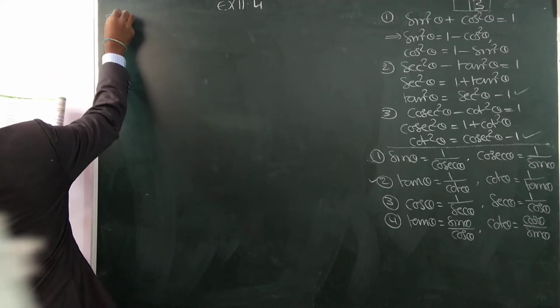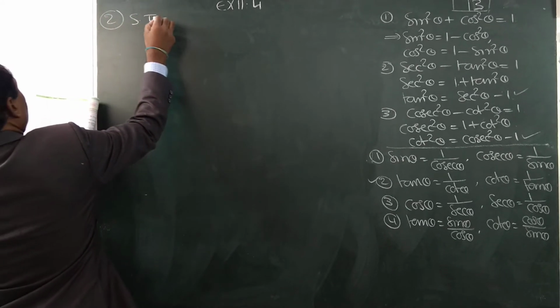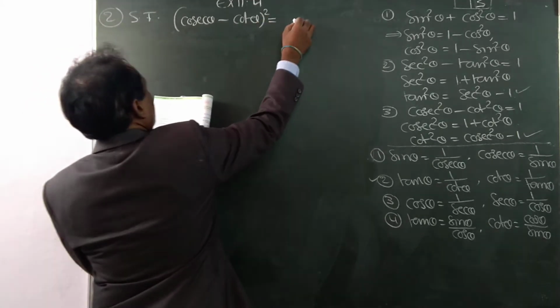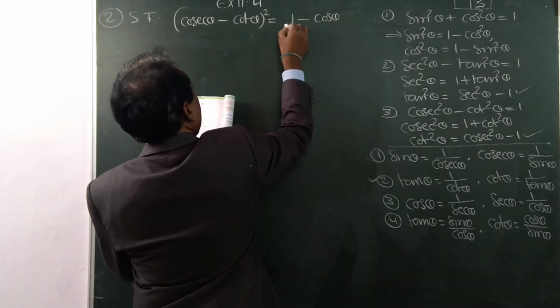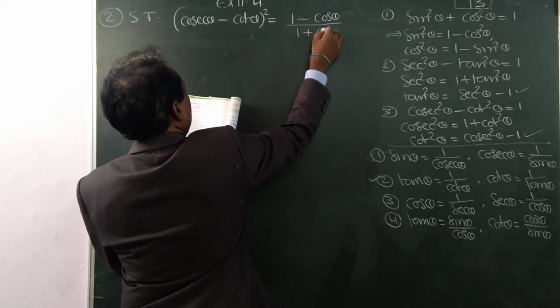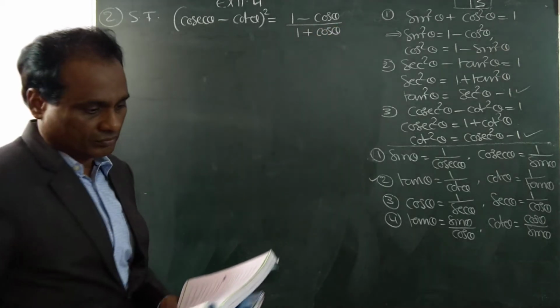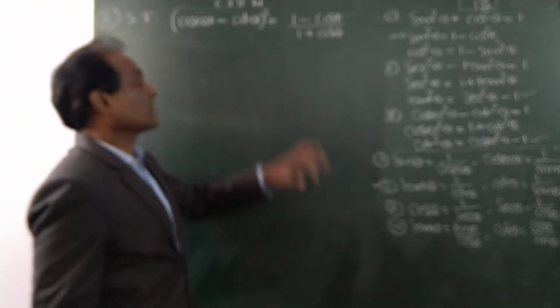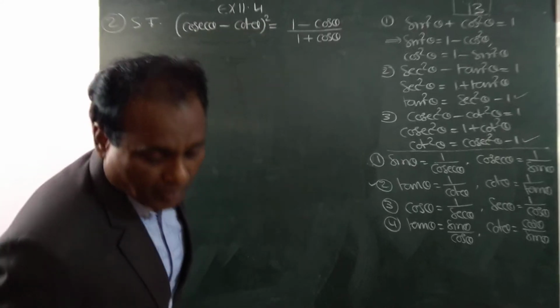See the second question. Show that (cosecant theta minus cot theta) whole square is equal to (1 minus cos theta) by (1 plus cos theta).